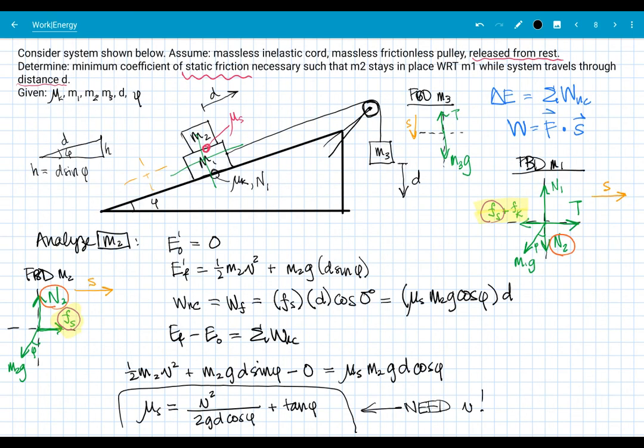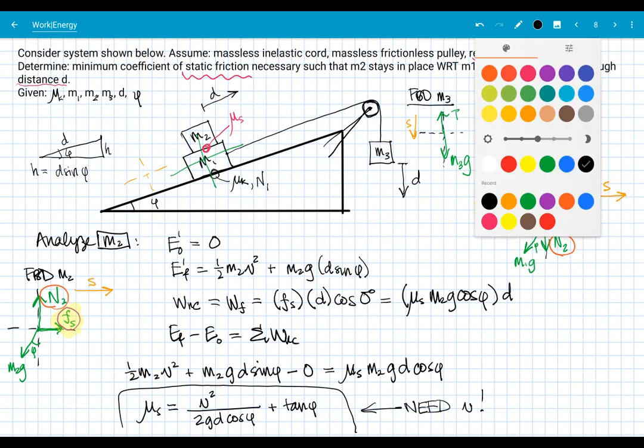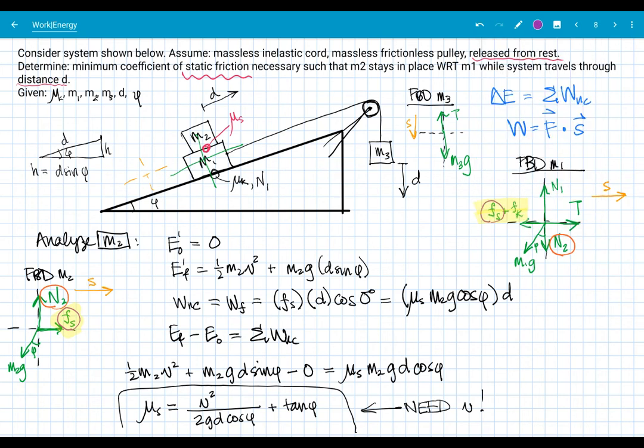Now, normal force one. I'm going to go back to this free body diagram here and remember that this is one of the things that we are actually allowed to use the second law for, and that is that I need to solve for normal force one here. So for N1, you can apply Newton's second law along the vertical.